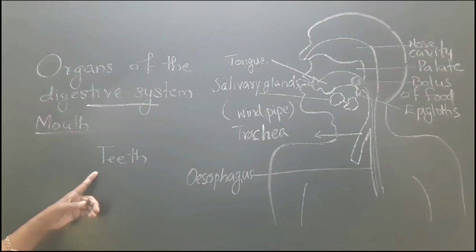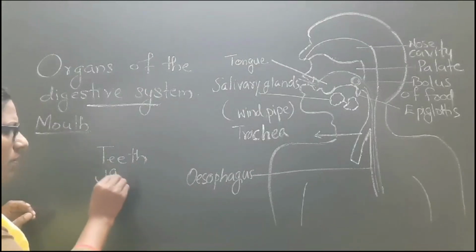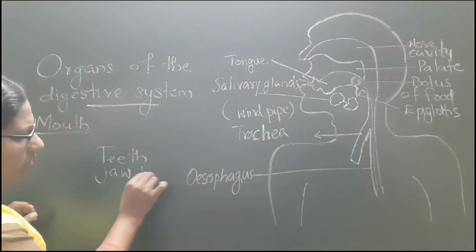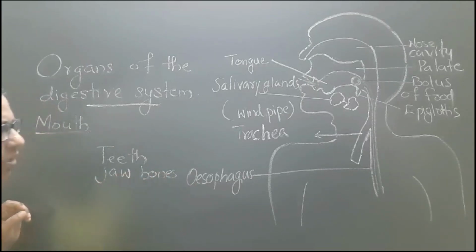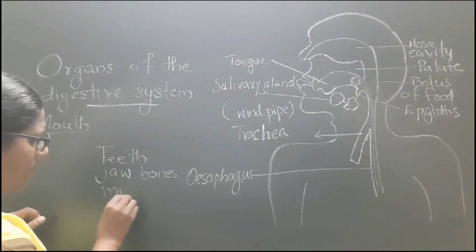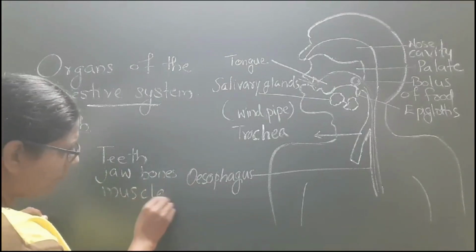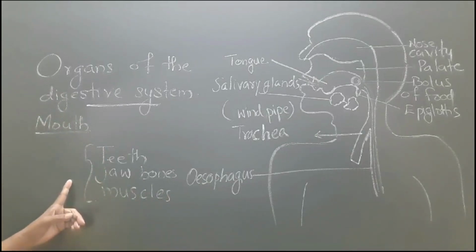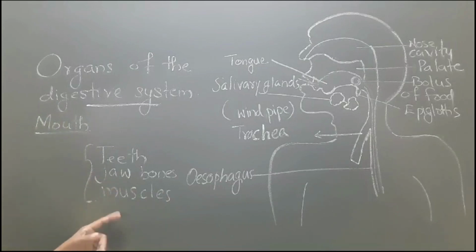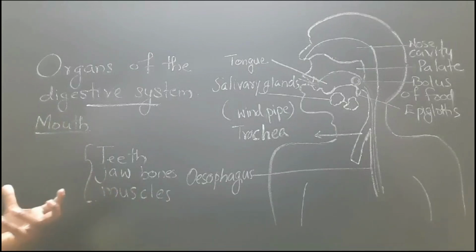And then jaw bones, J-A-W, jaw bones, and muscles. These three things are involved in mastication or chewing. Teeth, jaw bones, muscles. All these three together work for chewing.